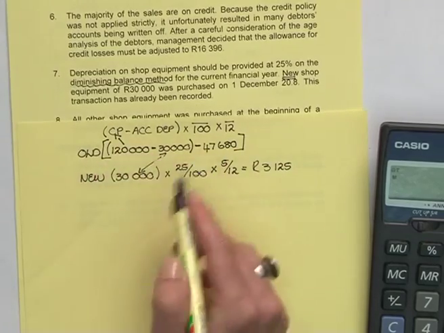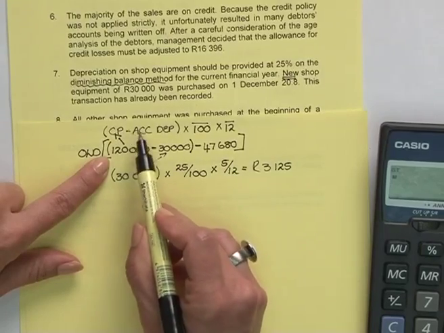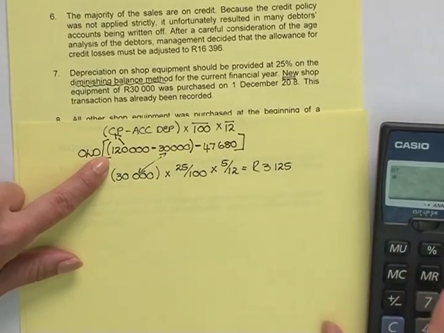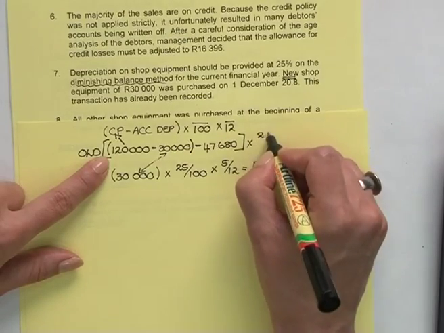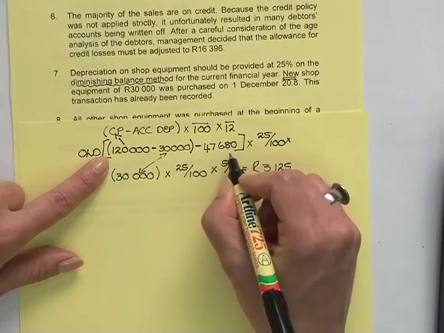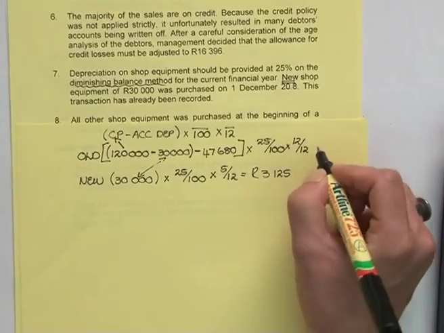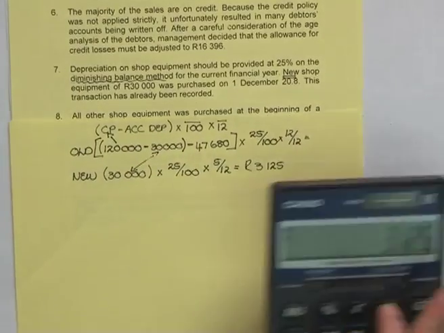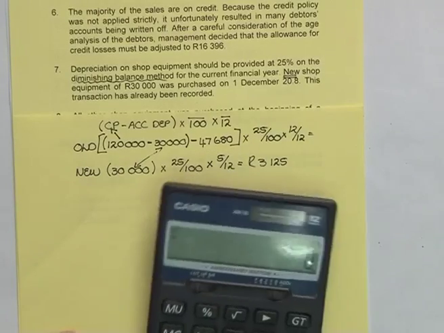So only at this point have I included the cost price minus the accumulated depreciation. I have to multiply that with 25%, and the old equipment I had for the whole year. So if we do that calculation, first complete your brackets.